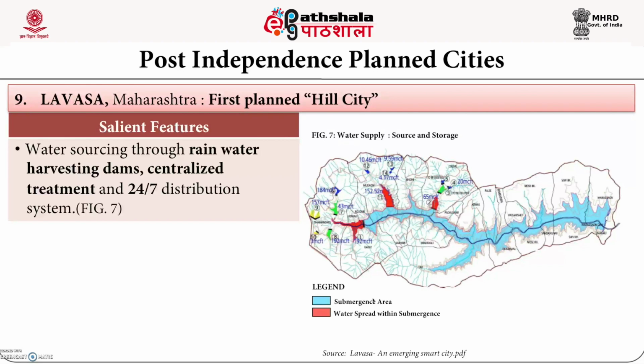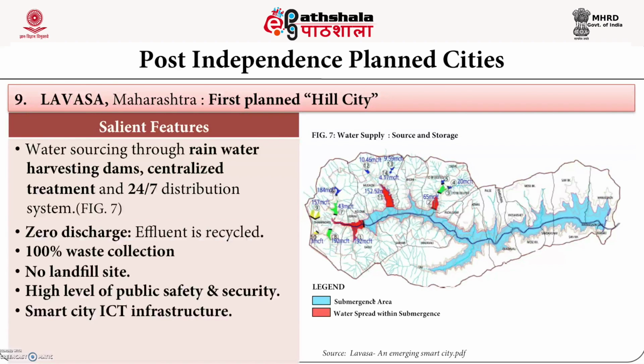And regarding the effluent, effluent was recycled. There was 100% waste collection. There was a high level of public safety and security, and smart city ICT infrastructure, and there was no landfill site.